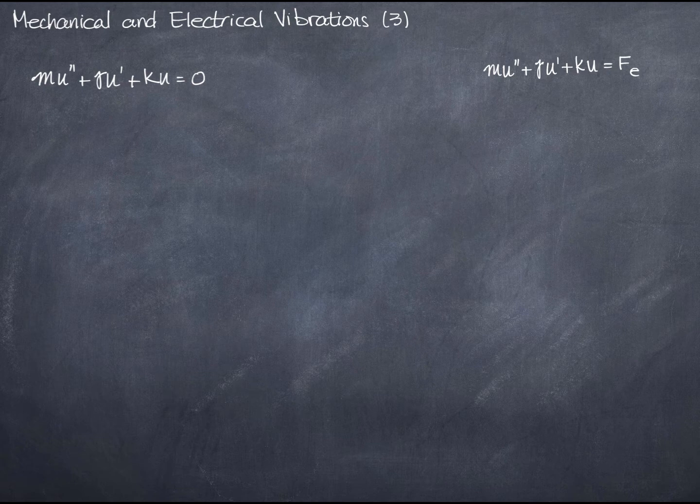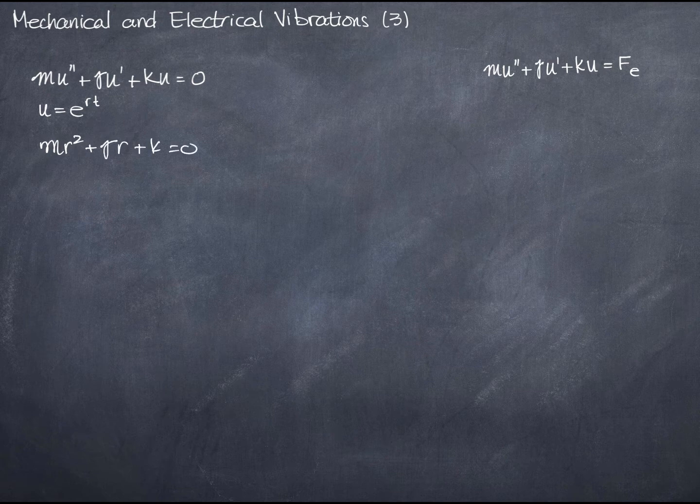So we're going to be working with a damped system, which has this equation. And if I wanted to solve this homogeneous differential equation, the first thing we need to do is recognize that solutions look something like this, and then use the characteristic equation m r squared plus gamma r plus k equals 0.